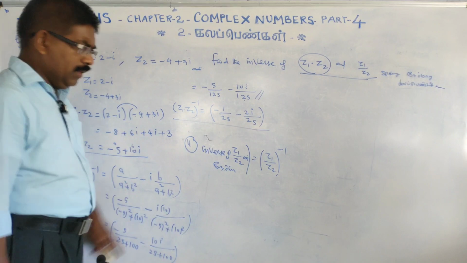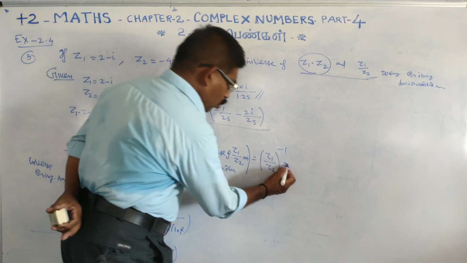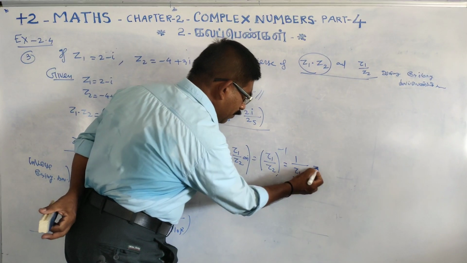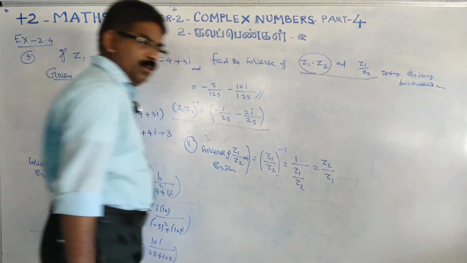Power minus 1 means 1 by z1 by z2, the reciprocal, so z2 goes on top and z1 below. This is the inverse, a simple method.